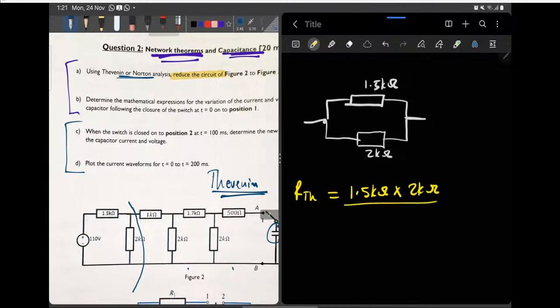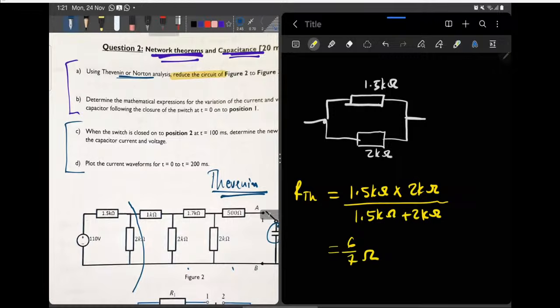You multiply, then divide by the sum, 1.5 kilo ohms plus 2 kilo ohms. Let's put 2 times 1.5 over 2 plus 1.5, and you get 6 over 7, if we leave it like that.